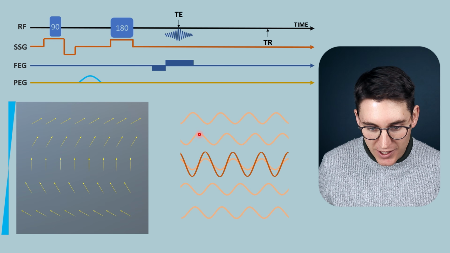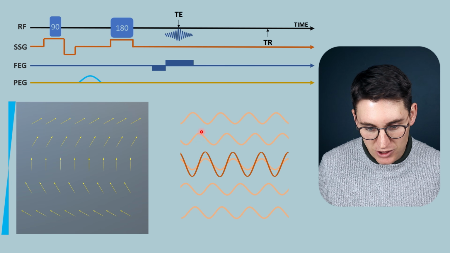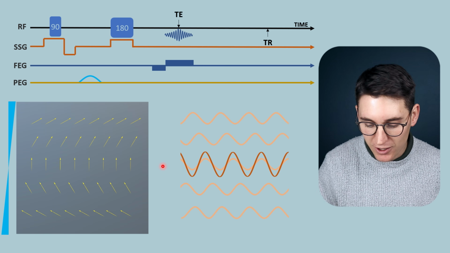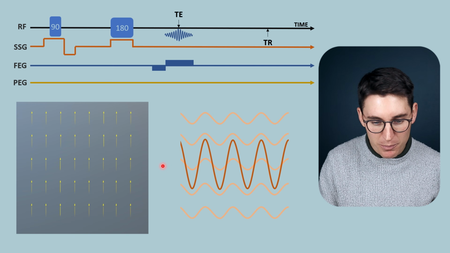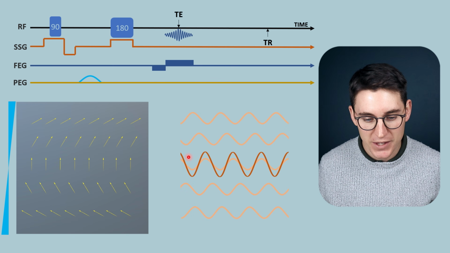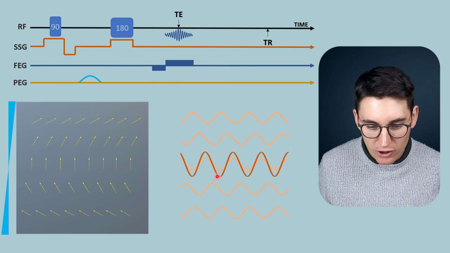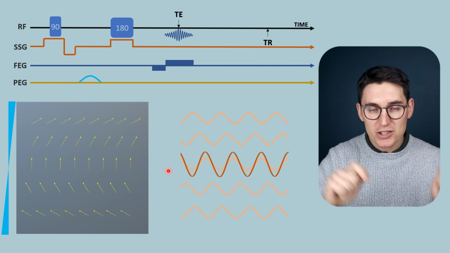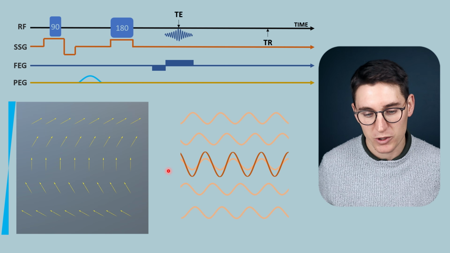You see now that these are out of phase with one another. The peaks of these signals no longer line up. Now look what happened to the net magnetization vector that we measured as we applied that phase encoding gradient. You see we get loss of net magnetization vector signal because of that dephasing. And transverse magnetization is a function of how in phase those spins are with one another.